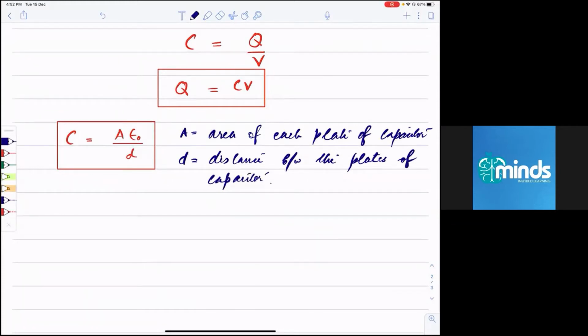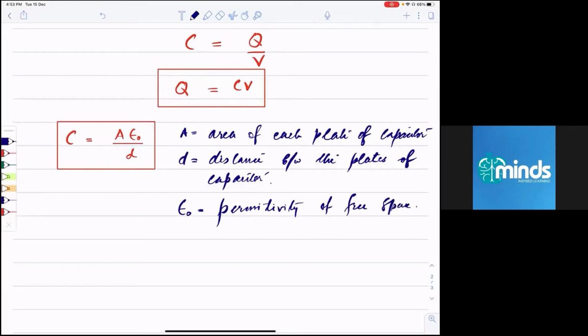And I hope you remember this epsilon naught is basically the permittivity of free space.